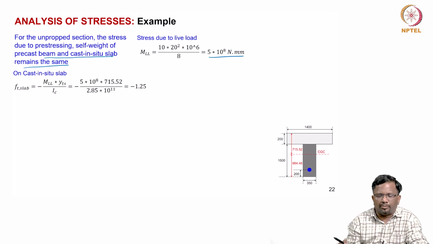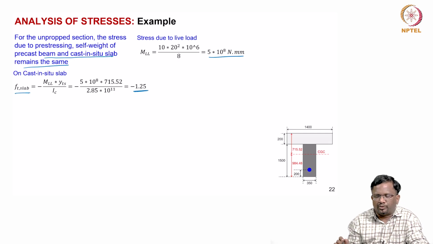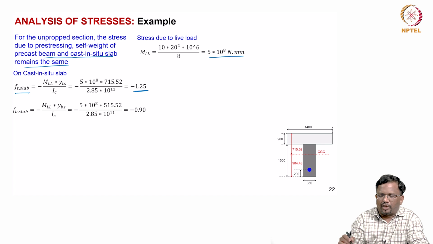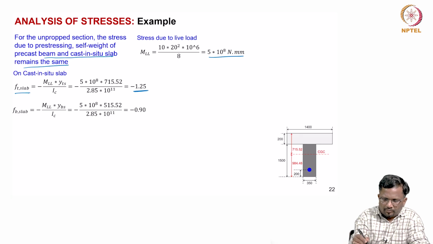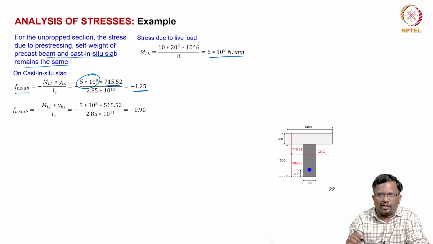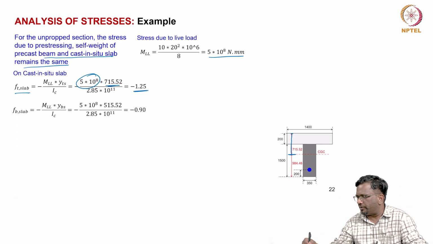So, due to the cast in situ slab, what would be the load? That is basically 1.25. We are only looking at the slab, and this is the load and this is the distance of the top fiber of the slab, 715. So we are doing it at this location, the top of the slab.